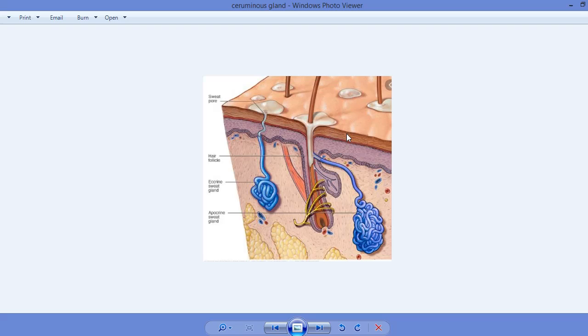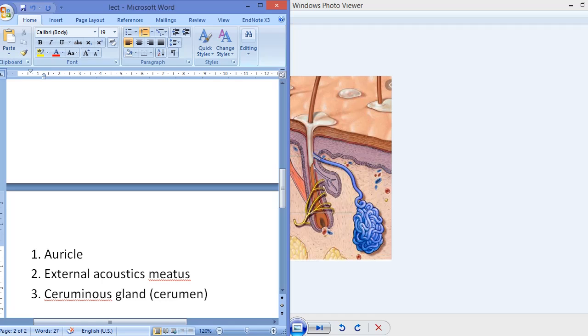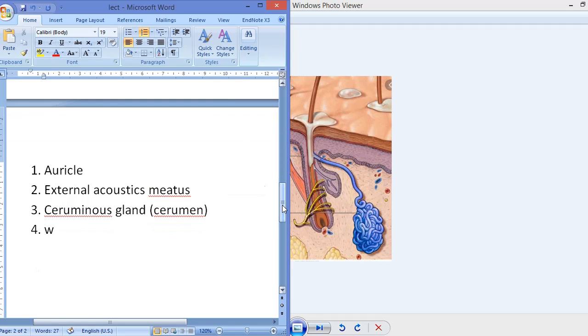combine together with the epithelial cells which are shed from the surface, and form wax. I'm going to write it. This is very important. That is called ear wax, or the wax of the ear.